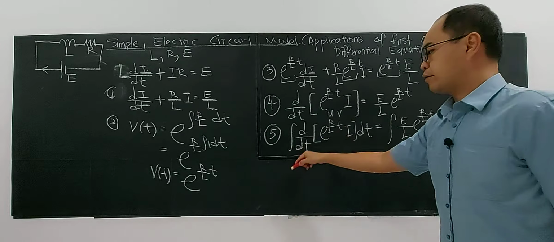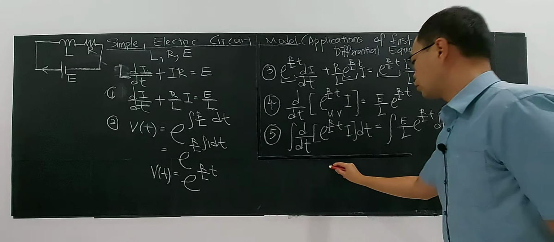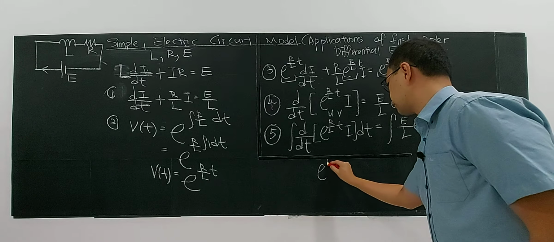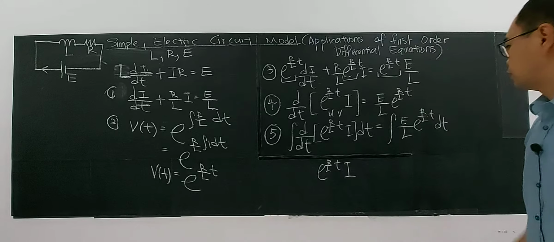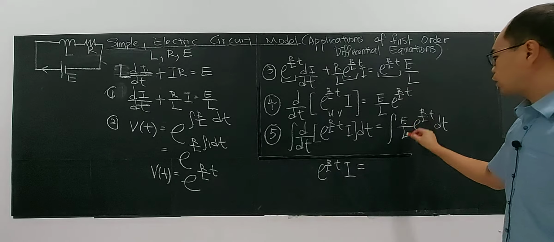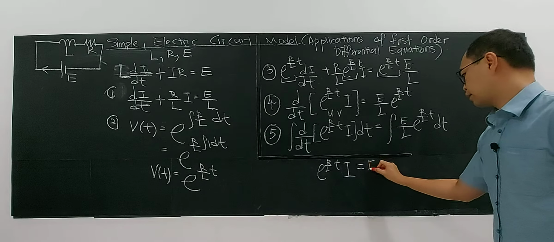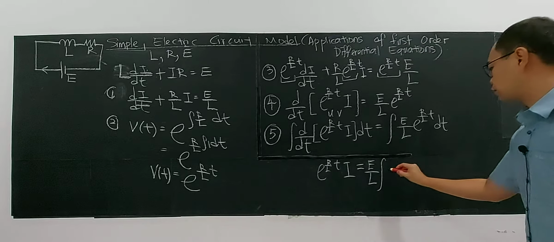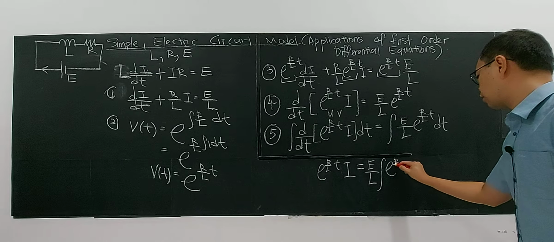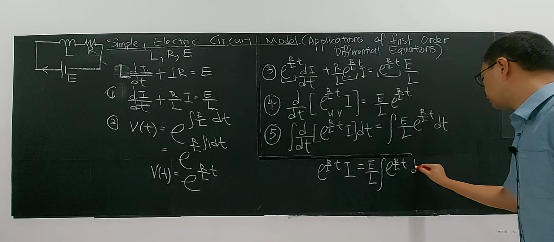So when you integrate and at the same time differentiate, you get back the integrand. So L/R t i equals E/L, which is a constant. I've taken out the constant and you have e^(R/L t) dt.